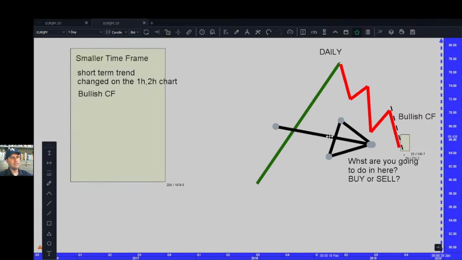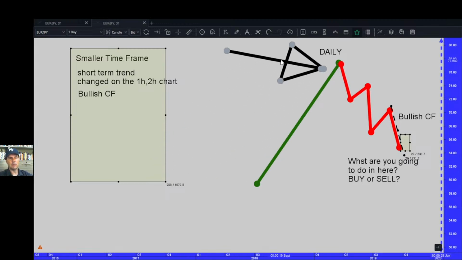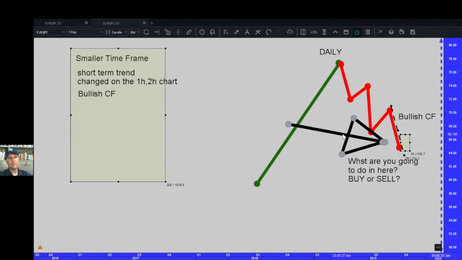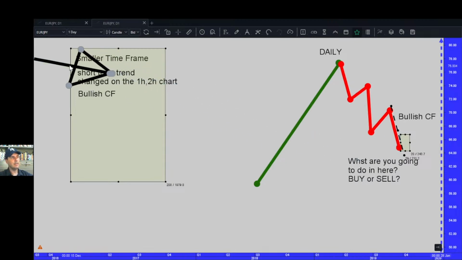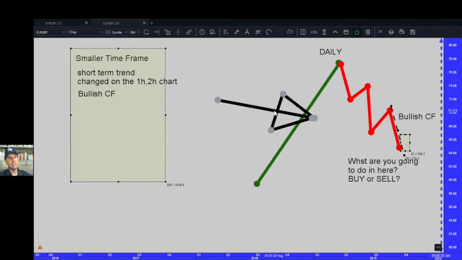Everybody, okay, you have an up market wave, bullish market structure, but you have a short-term downtrend, right? And a bullish candlestick formation appears, alright, with the counter trendline break, and on the 1 hour chart, the short-term trend is changing.